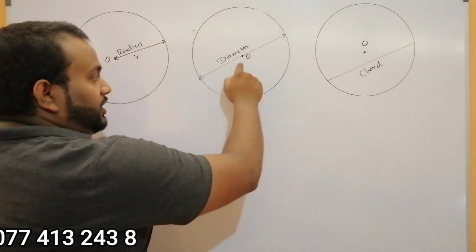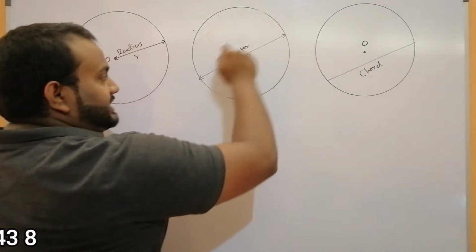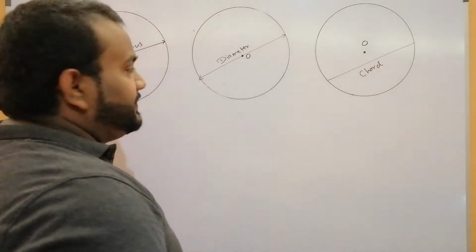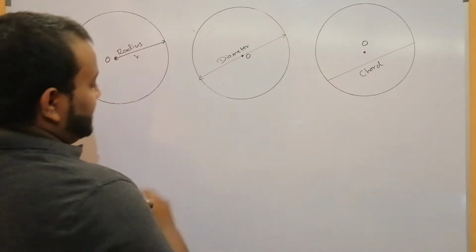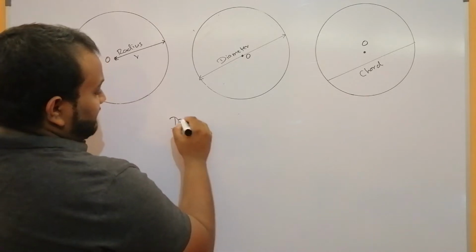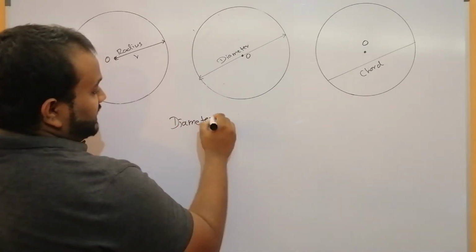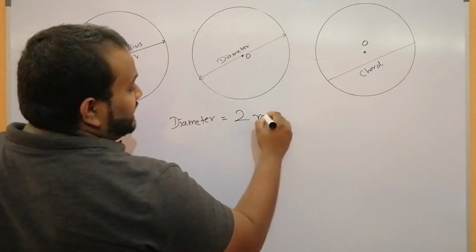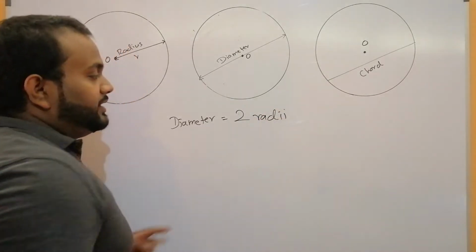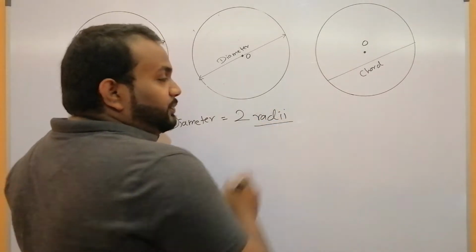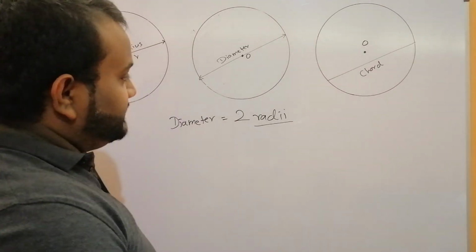Therefore, we can say that diameter is equal to 2 radii. Radii is the plural form of radius.